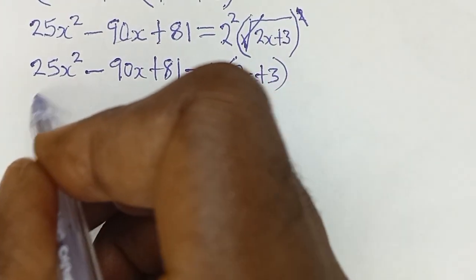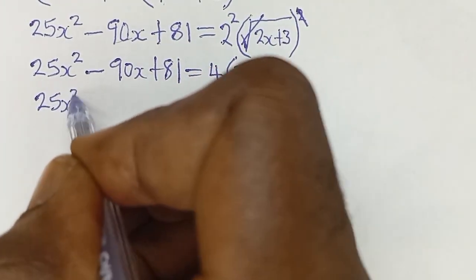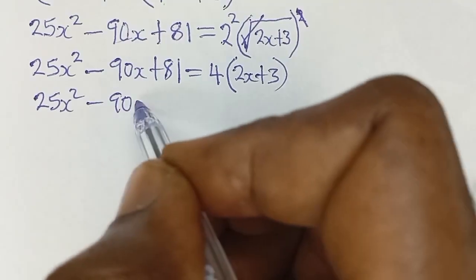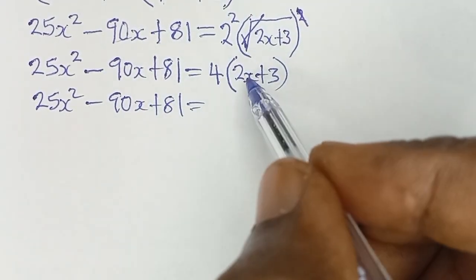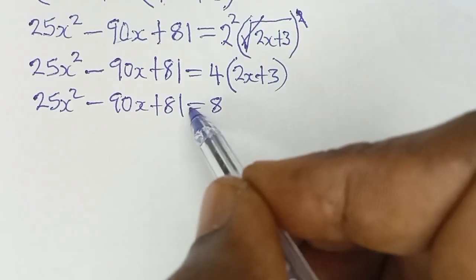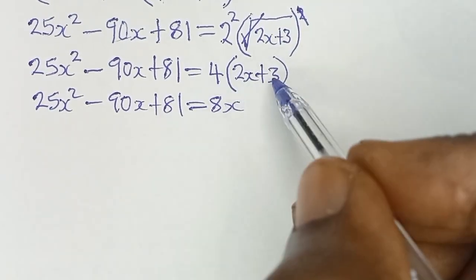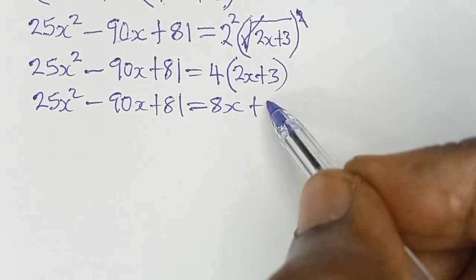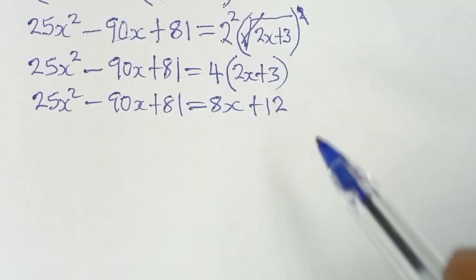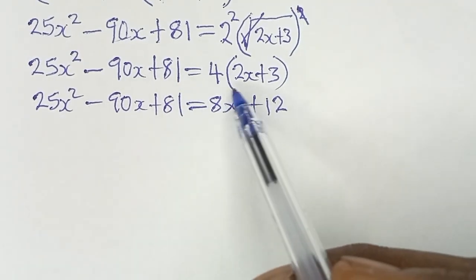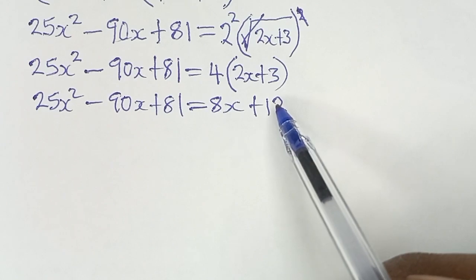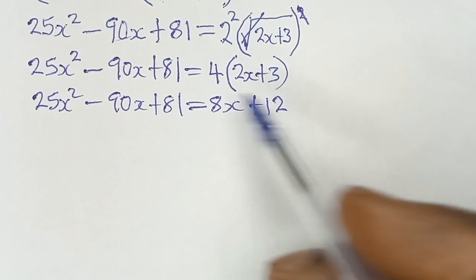Now, going further, let's look at how to simplify this further now. So this will be 25x squared minus 90x plus 81 is equal to 4 multiplied by 2x will give us 8x. 4 multiplied by 3 will give us 12. So now, this is a quadratic equation because I have x squared here. So I'm going to make it equal to 0 in order to solve the quadratic equation.